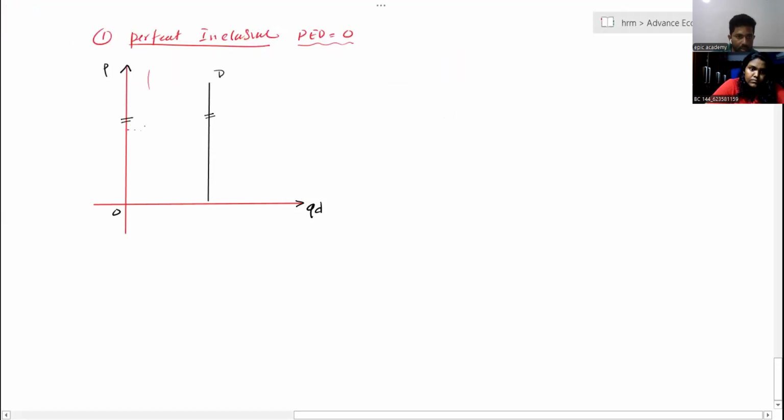I will put some values in here. First value is just 20 rupees. Second value is just 10 rupees. I will call that point A, this is B. Always the quantity is just 200.